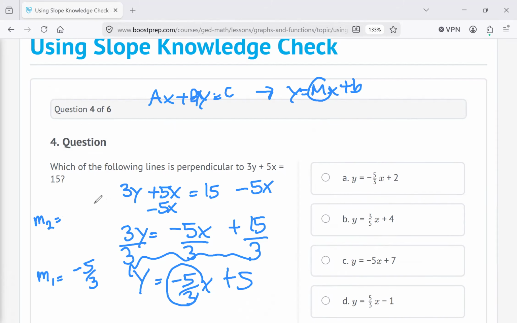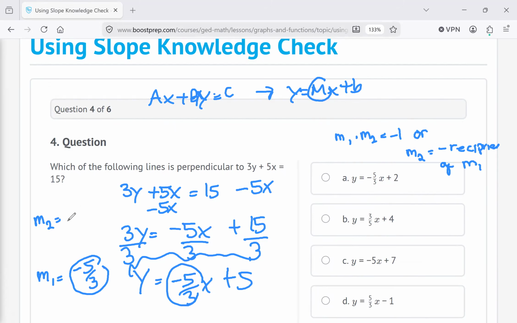So remember the rule? The rule states two lines m1 times m2 gives you a product of -1, or you can think of m2 as the negative reciprocal of m1. So what is the negative reciprocal of -5/3?